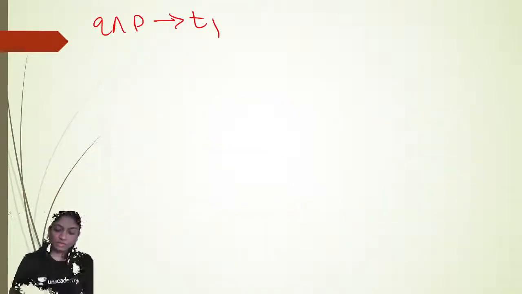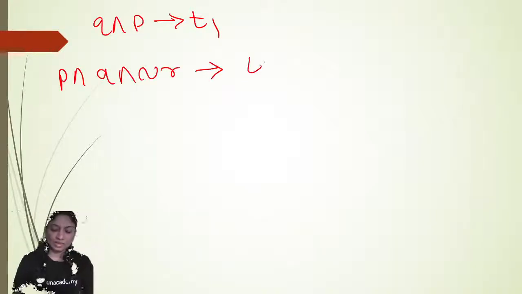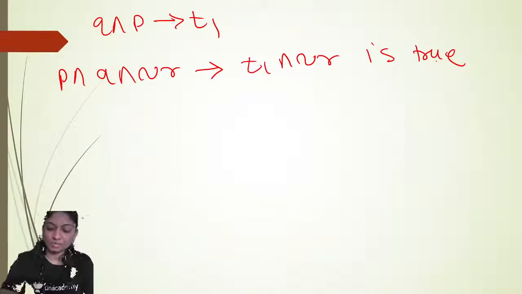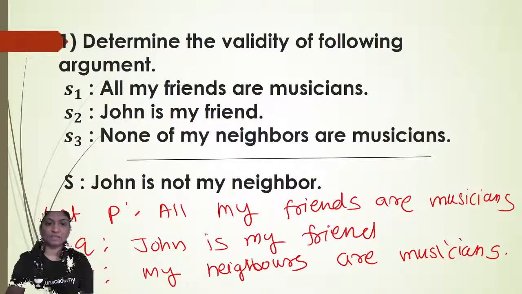So now we can write P and Q and negation of R implies T1 and negation of R. John is a musician, but what is negation of R? It means S3, none of my neighbors are musicians, which contradicts T2.